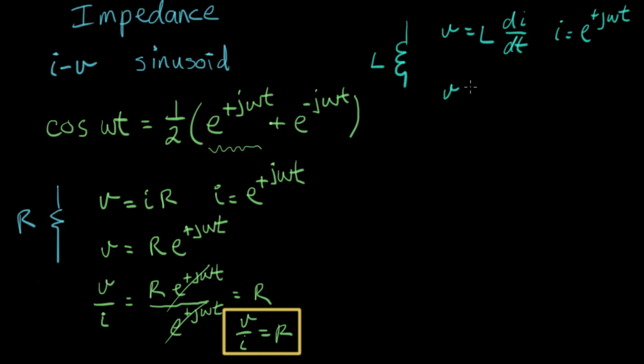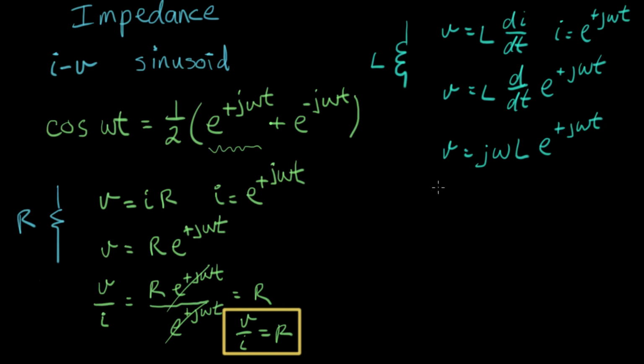So V equals L times d dt of this value here, e to the plus j omega t. Or V equals, now we take the derivative, and the j omega term comes down to multiply L. So we get j omega L times the same thing, e to the plus j omega t. This is the beautiful thing about exponentials. They give us back themselves.